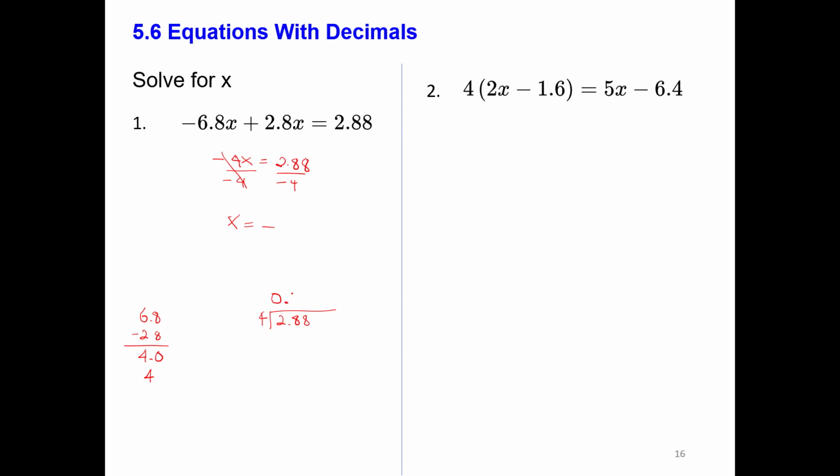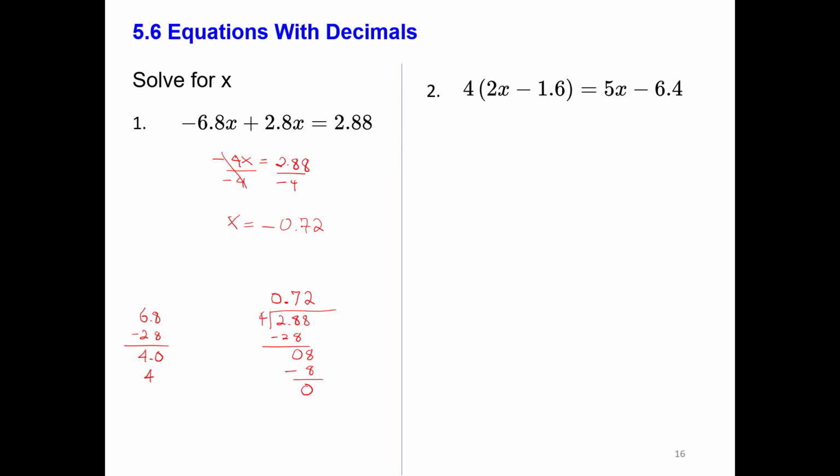Yes, 7. 7 times 4 is 28, 28 minus 28. We have 0. Bring the 8 down. How many 4s are in 8? Two 4s. 2 times 4 is 8, 8 minus 8 is 0. Then here the answer is negative 0.72.